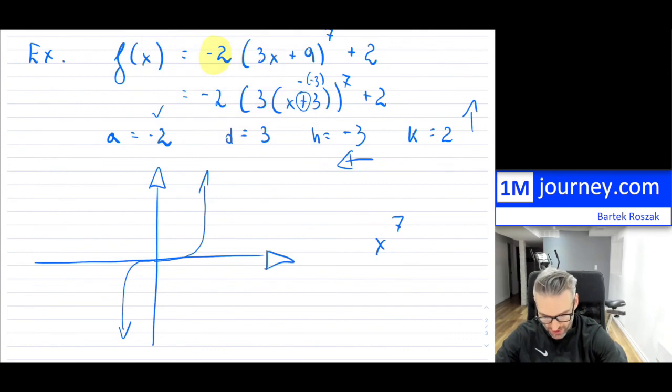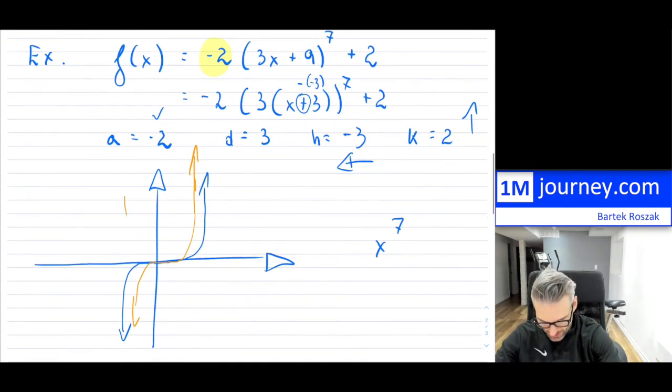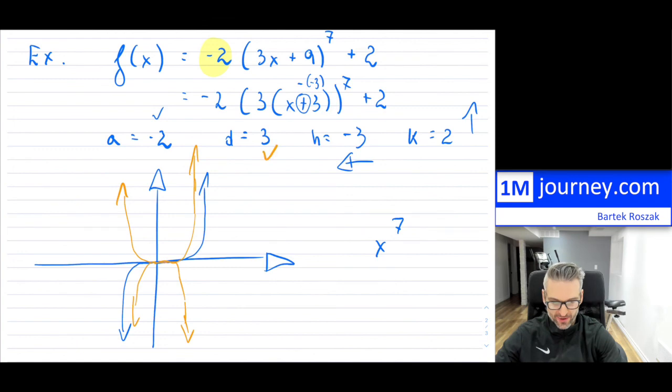So I know that this is going to get pulled up faster in that direction, like so. But it's also going to get flipped, so it's going to be something like that.